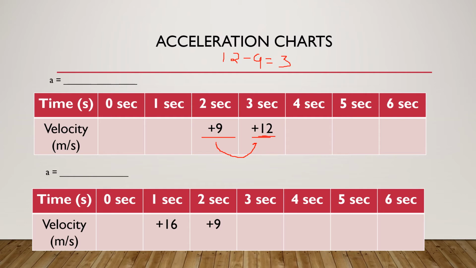You always do the final, the right minus the initial, left: right minus left. Oh, so it's changing by 3. So that means the acceleration is plus 3 meters per second squared. So plus 3, so that's 15, 18, 21. And then when we go backwards, it's going to be minus 3. So this is going to become 6 and 3.